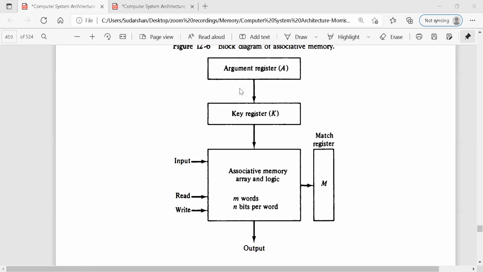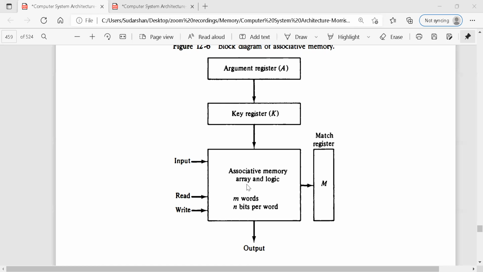That is where we make use of the key register. When all the bits of the key register are 1, we compare the entire n bit word with the n bits present in all the m words present in content addressable memory in parallel. If only 3 bits are ones in the key register, only those 3 bits of the argument register are compared with the m words present in content addressable memory in parallel.